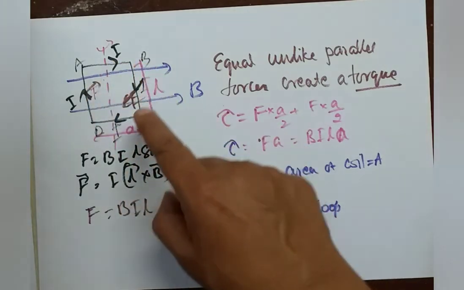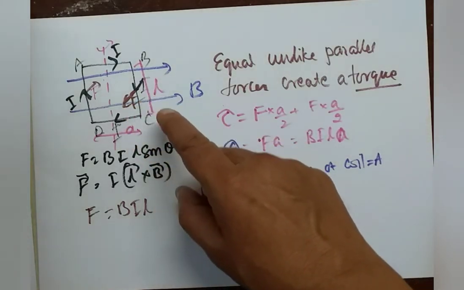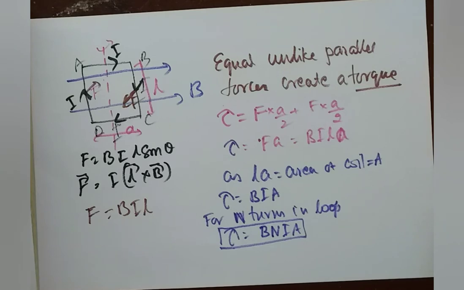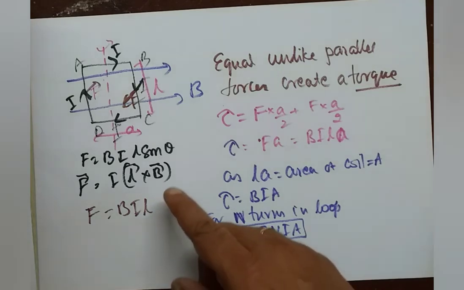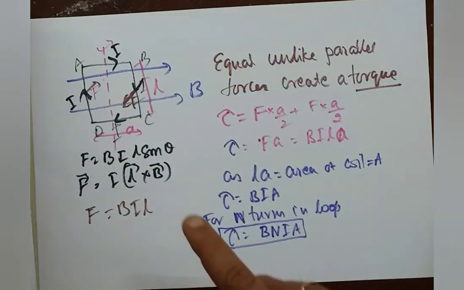We have ABCD, a rectangular coil carrying current I, which is placed in a uniform magnetic field B like this. So, due to the currents and the magnetic field, the force acts as shown. On AB and DC, no force acts, they are parallel to the magnetic field.